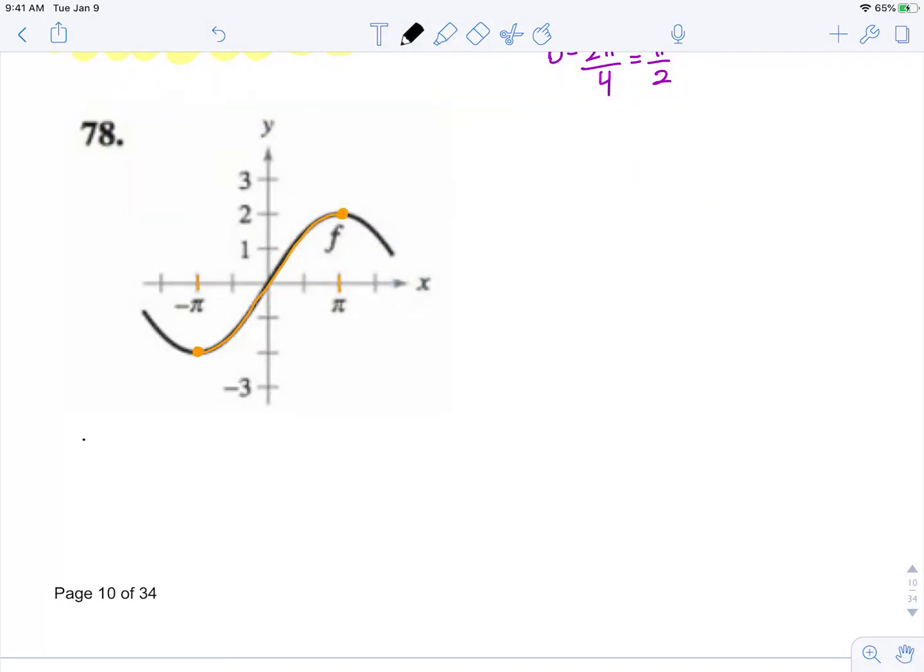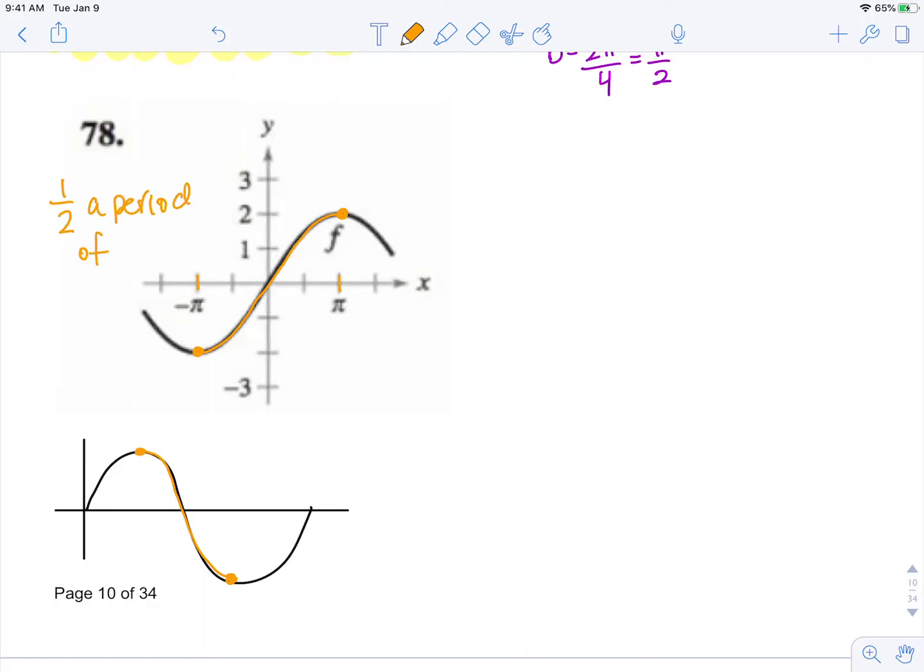So if I compare that to my original sine graph, which looks something like this, I see that this piece correlates to this piece, which means that we only have half a period of sine. So we'll keep that in mind when we're calculating our period for this transformation.